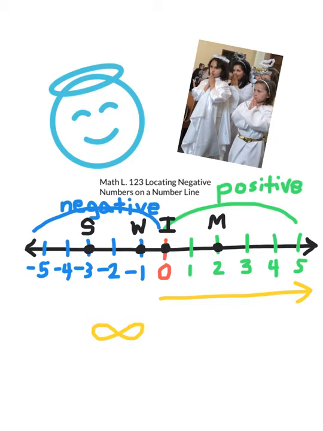This symbol is called infinity. And infinity is the idea that numbers can go on and on forever and ever. We can keep counting, and numbers can keep going forever. So it's pretty cool that it can, isn't it?